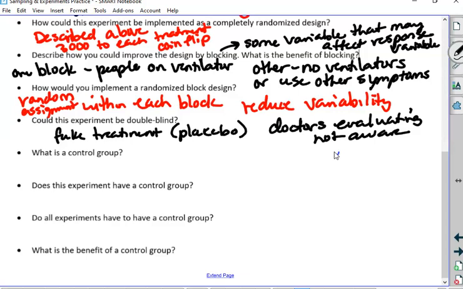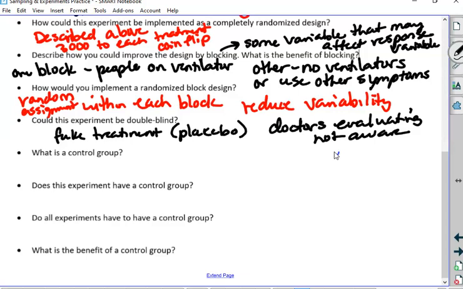So if they're evaluating symptoms, like has COVID gotten better, or if they're just seeing how long they lasted, it depends what they're measuring. So we might not. If that's all that they're measuring, then no, you would not necessarily need the second part to be blind.